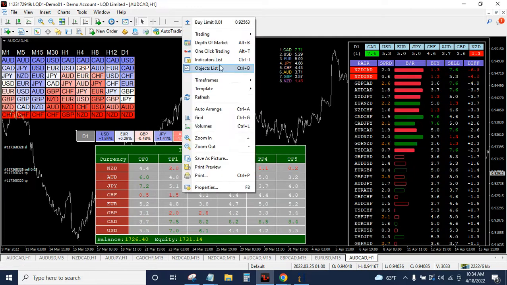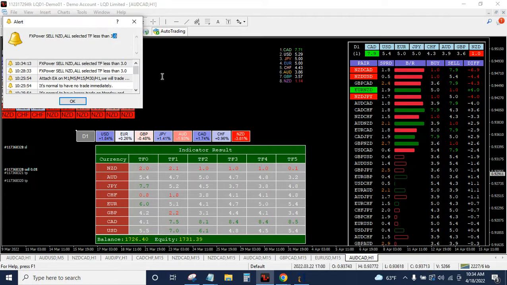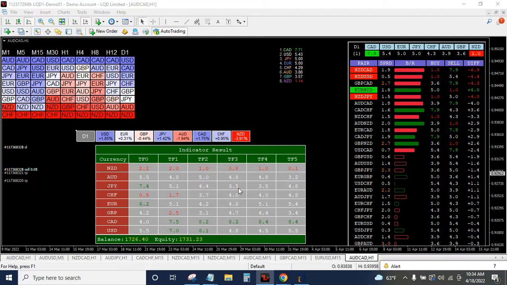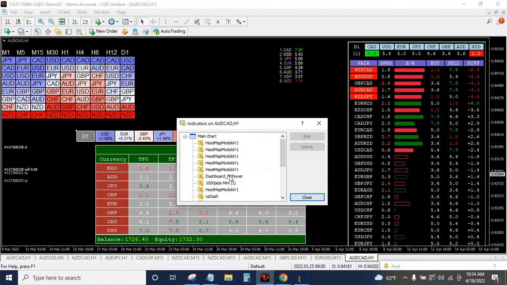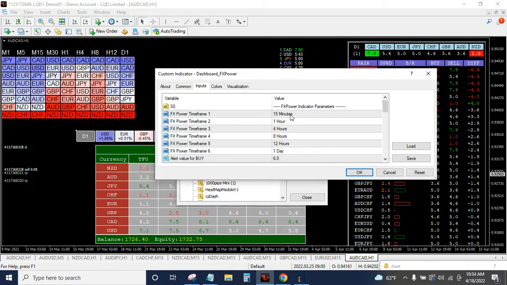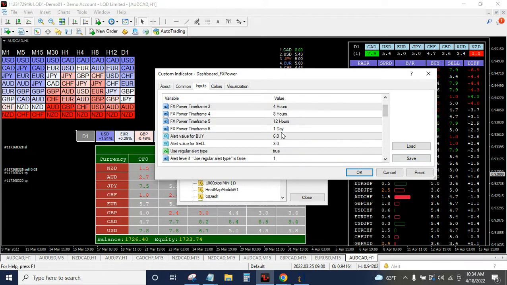So this is the setting of this dashboard, right here. I can use any six time frames, but here will be eight, and here it's going to be three or less, because I'm using eight for the strongest and three for the weakest.